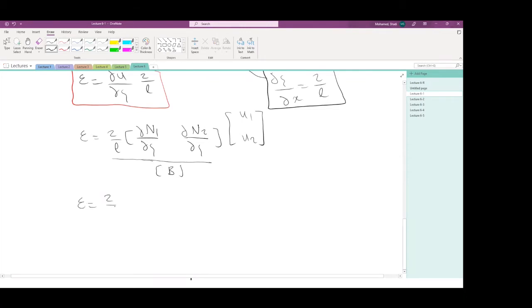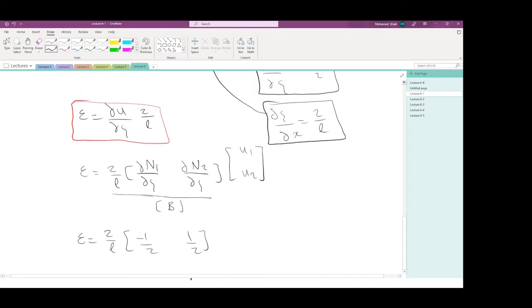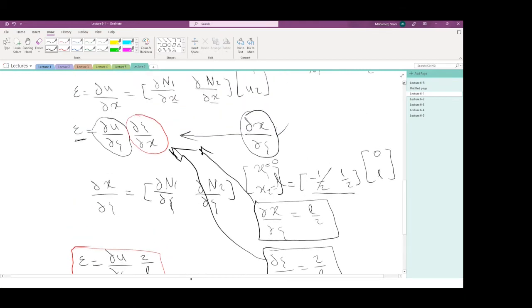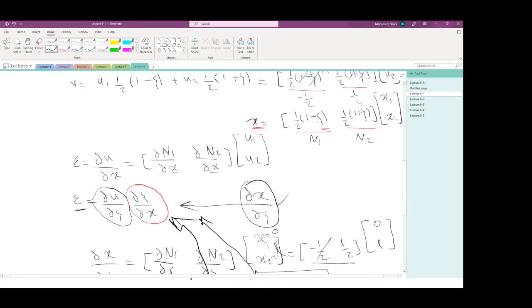So it is 2 over L multiplied by minus half and plus half. You remember that this is basically the same thing here. It is N1 with respect to xi is minus half and half. Again, I'll just show you the shape function so you remember them. This is 1 minus xi.